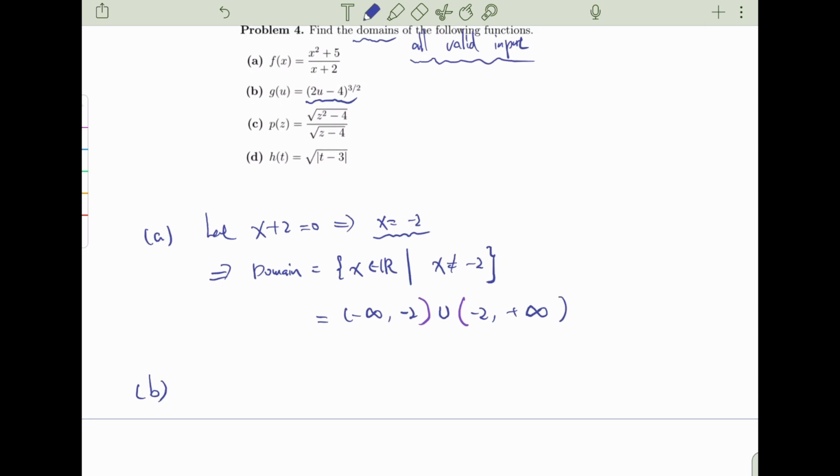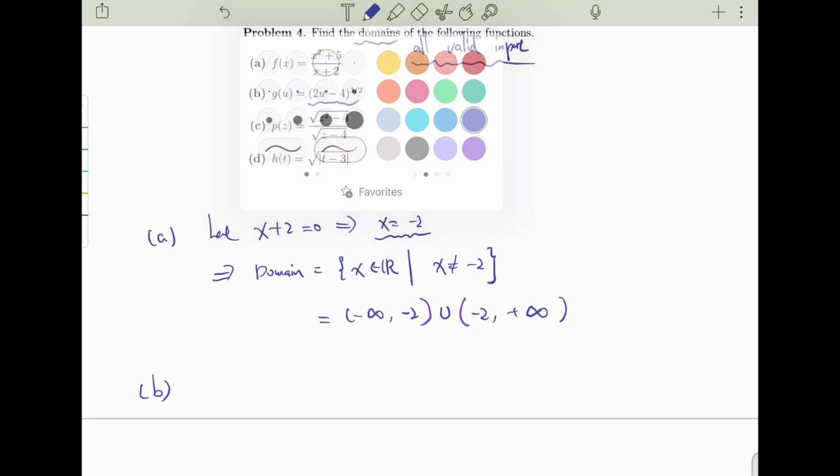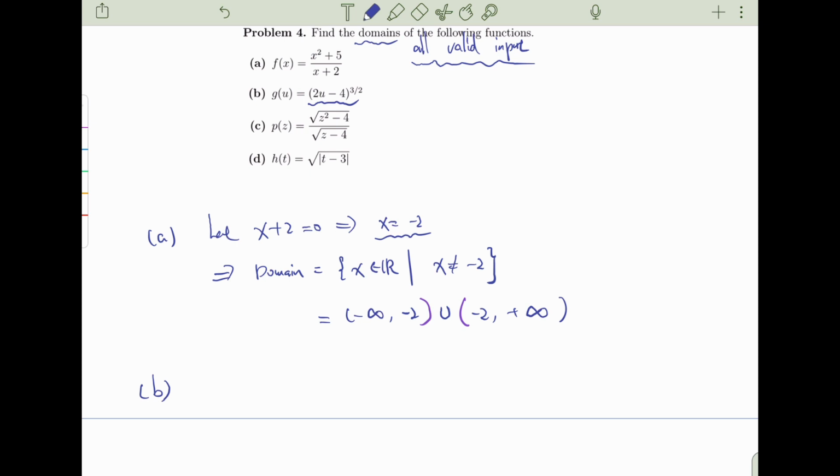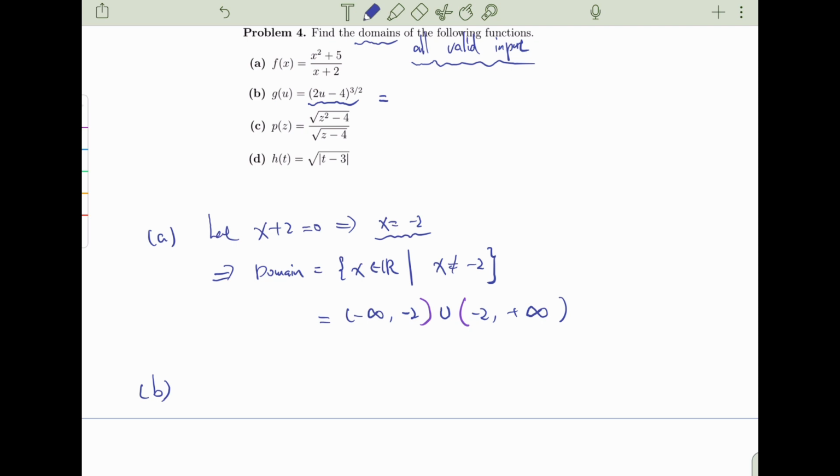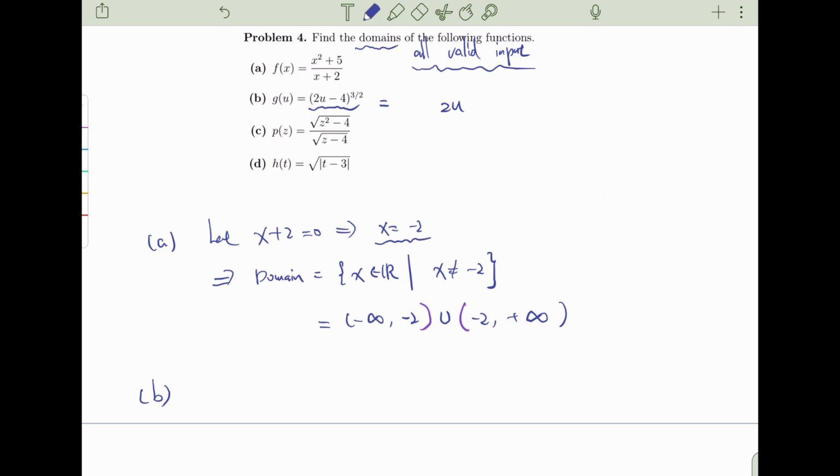So it's going to be the square root and the cube of this 2u minus 4. So this is recovered to 2u minus 4, take the square root, and then to the 3. That is how we recover this.